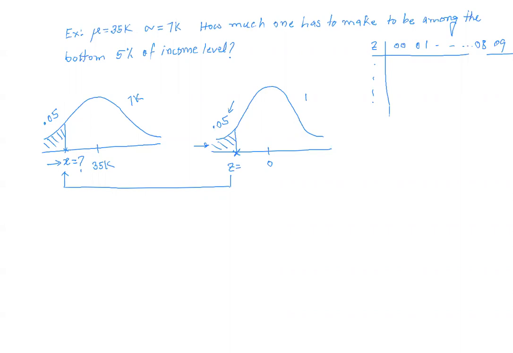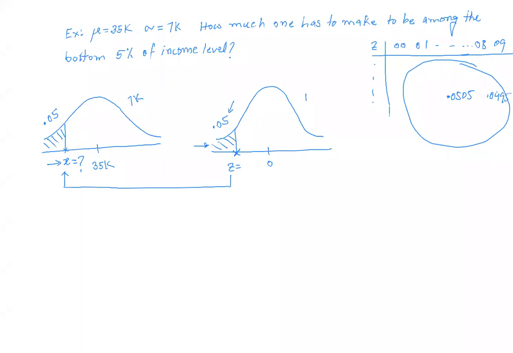You look actually inside the table and find the value that is closest to 0.05. If you look at the table, they have 0.0505, and then 0.0495. Is it negative 1.6 or 1.7?